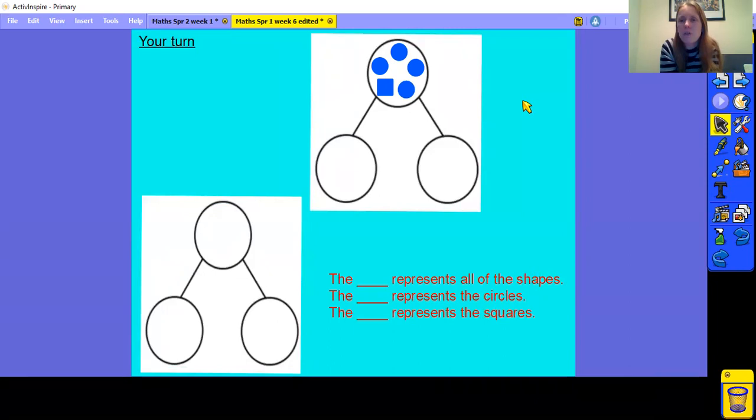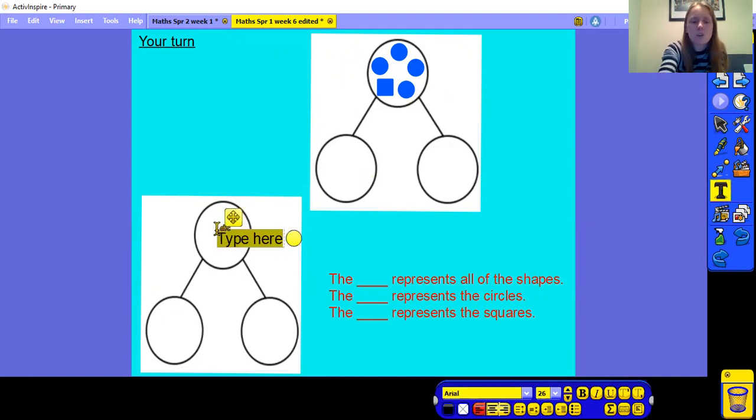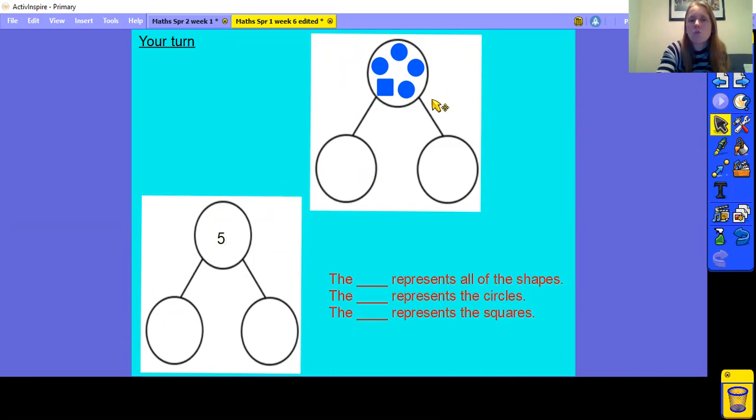Okay, now that you've had a turn, let's have a go together. So how many shapes did you find all together? Let's check and find out. 1, 2, 3, 4, 5. There are 5 shapes all together. Here's my 5. My 5 represents how many shapes we have all together. Now I want to know, how many circles do we have?